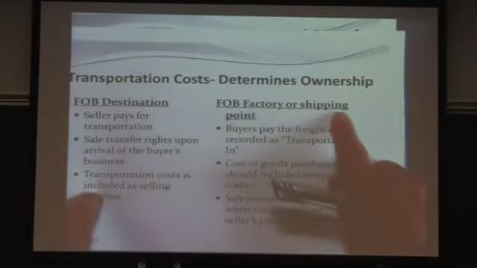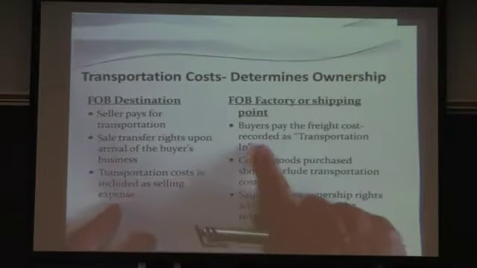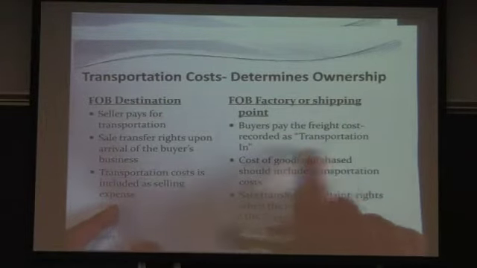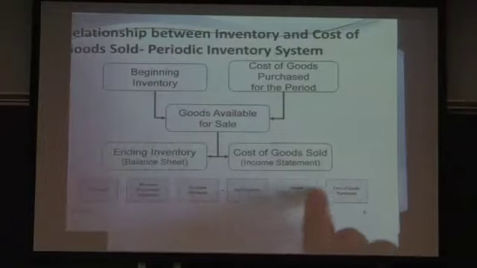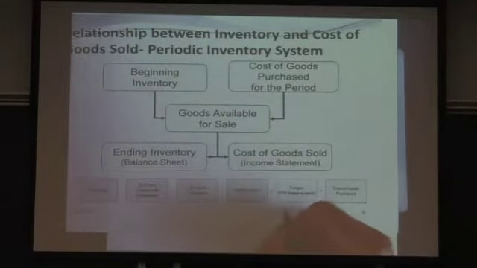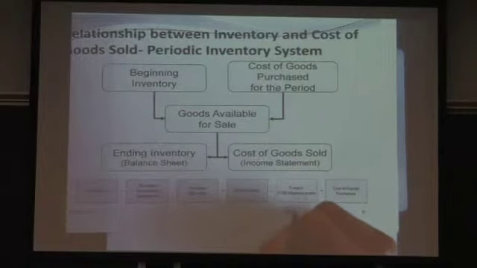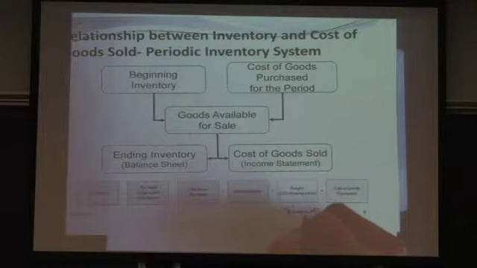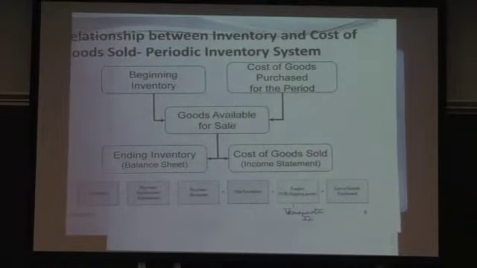So if you think about FOB factory shipping point, it means that the buyer pays the freight costs. In this case, we're going to record it as freight in, or sometimes called transportation in. Okay, so the total goods purchased would include this freight cost.